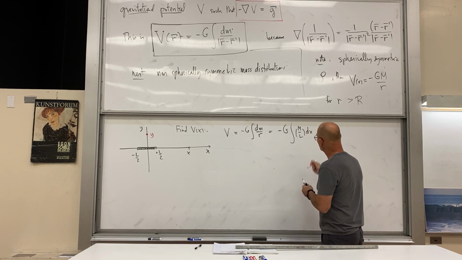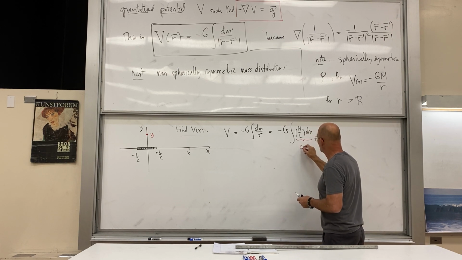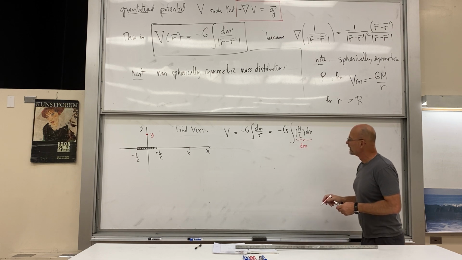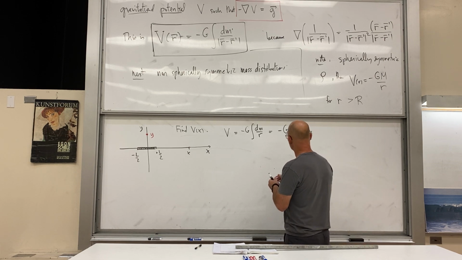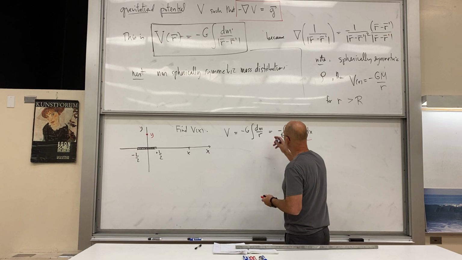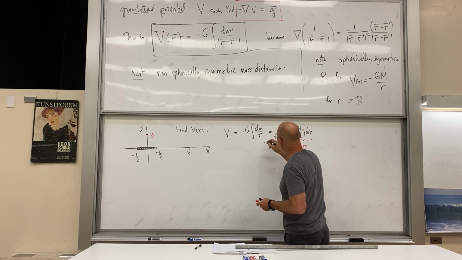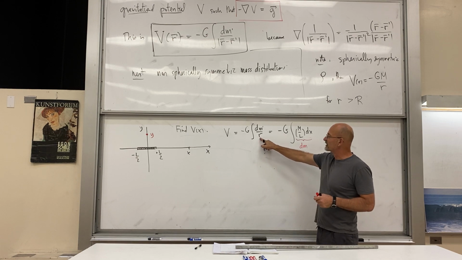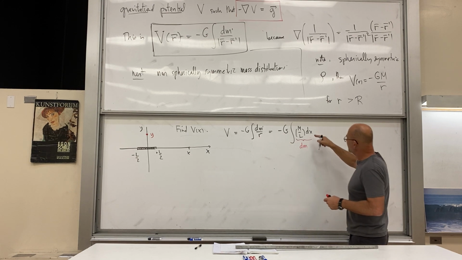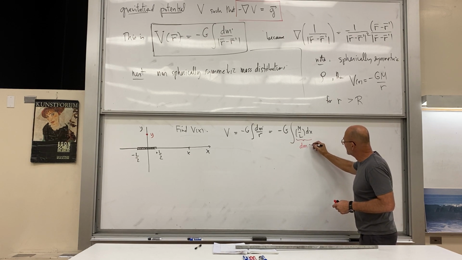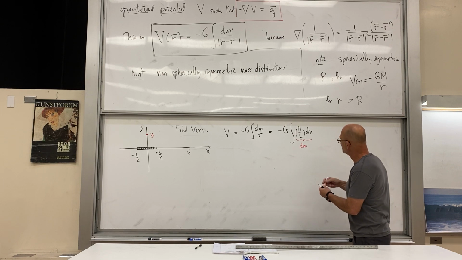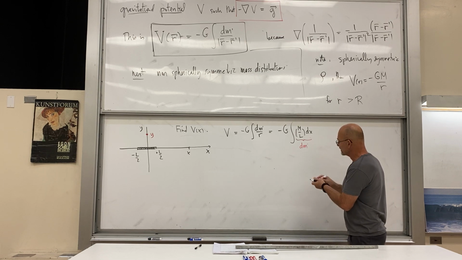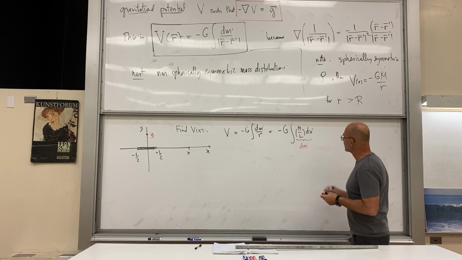That's our dm. And should I give it a prime here as well? I will. dm prime. R is actually just the distance, okay, so we'll fill that in as well. So there's the dm prime, m over L dx prime.